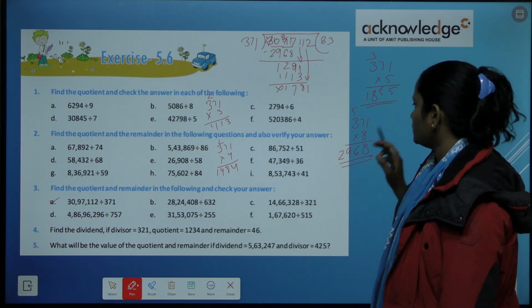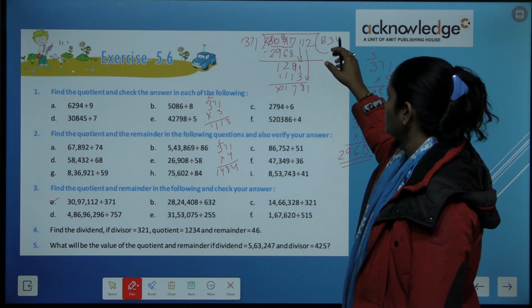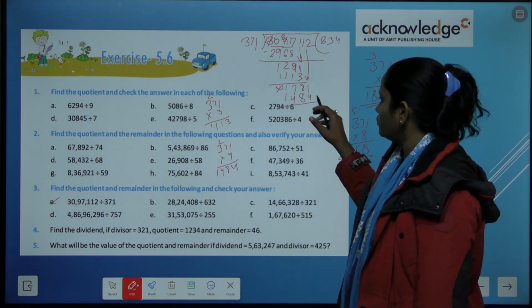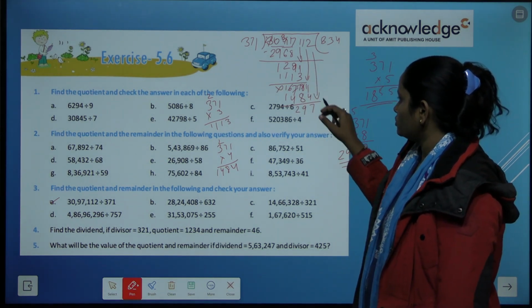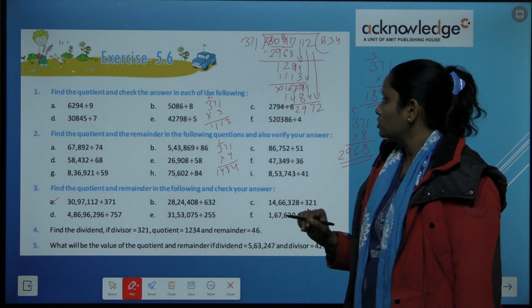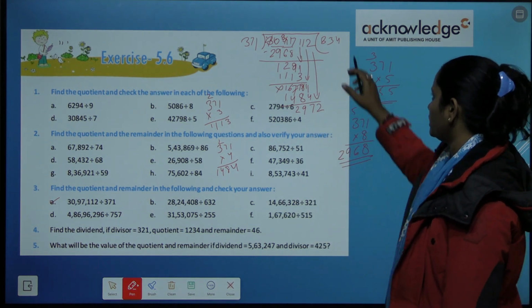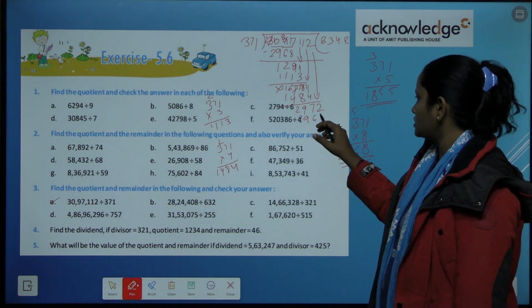Now let's check it. It will not go 5 times. It will go 4 times. So 4 times it is 1484. Now 297. अब ये 2 will come here. So it will go 2972. It will go 8 times. So 2968.